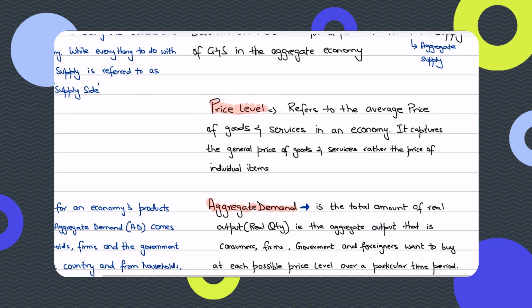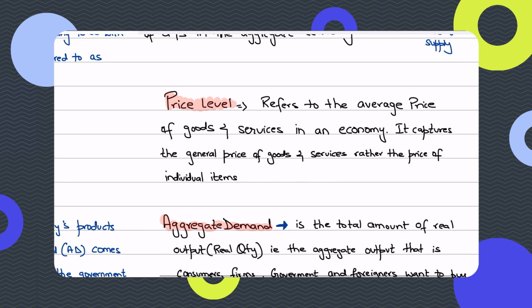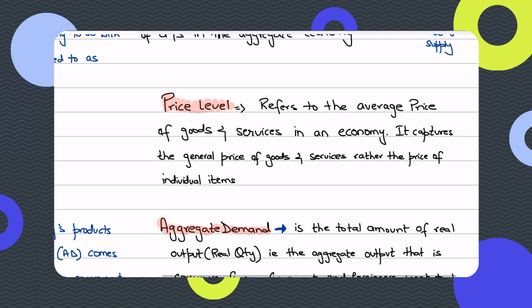When we're talking about price, instead of saying the price of a good, we're going to take the prices of every good. So when we are talking about the prices of everything that is produced in the economy, we're talking about the price level of each and everything produced in the wider economy, of all the goods and services.